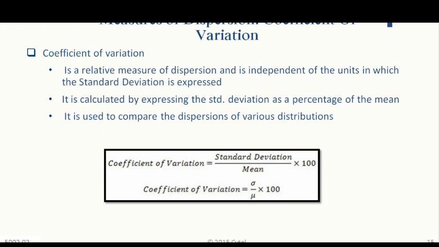So, coefficient of variation is standard deviation divided by mean. Since the numerator is in the same measurement as the denominator, they cancel each other. So, what you get is an absolute number without any units. And just to make the comparison possible and meaningful, we multiply it by 100 and we specify the coefficient of variation in percentages. Okay.